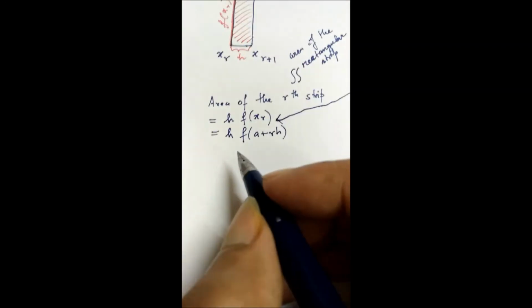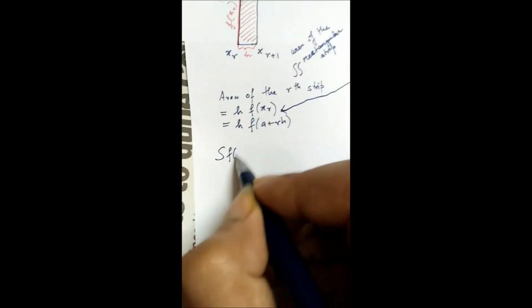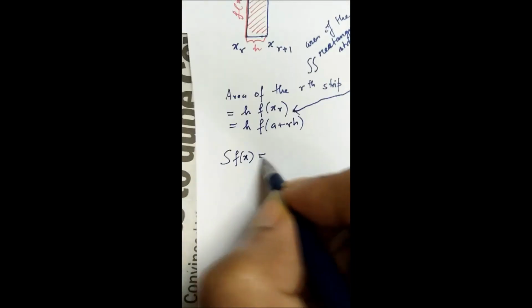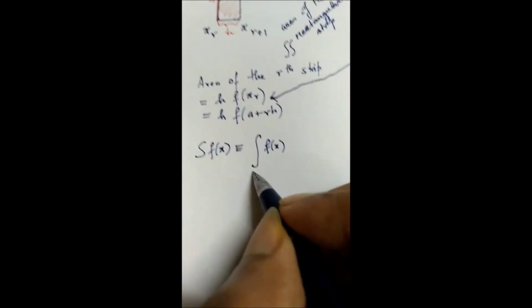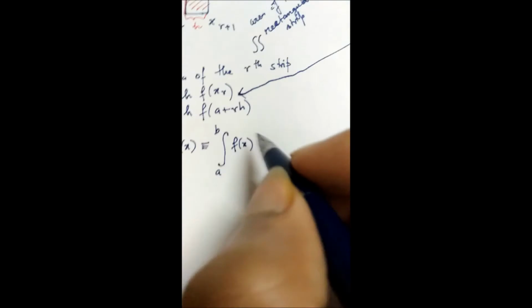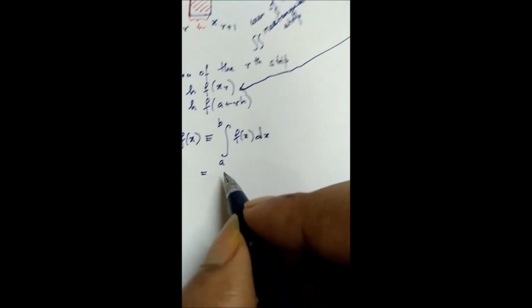So coming back to the whole picture, this whole S. S is the usual notation for area. Area under f of x. Can you write it like this? I think some people did, but somehow it got morphed into this. So S of f of x, or for us it's the integral from a to b of f of x dx. And what is it? It will be the sum of all these strips, right?